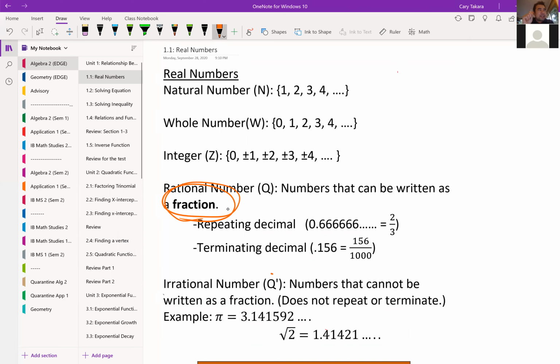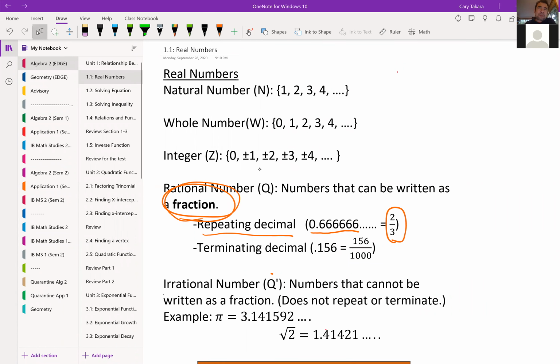But there are two special cases, where you've got repeating decimals, like 0.66666. Do you know what 0.66666 dot dot dot is? You could actually rewrite it as a fraction. It's 2/3.